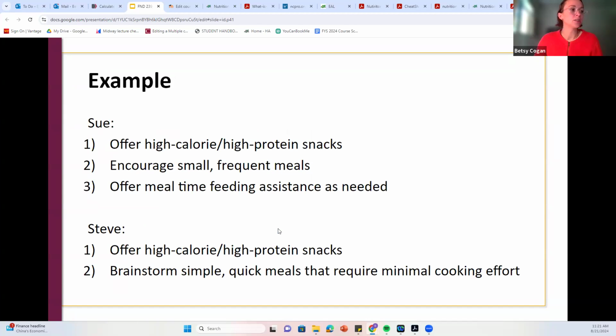She could be encouraged to have smaller, more frequent meals, and she could be offered feeding assistance since dentition was a concern. And for Steve, we will again offer him high-calorie, high-protein snacks to help with the energy intake concern. And then we might brainstorm some meals that require minimal effort since cooking was also a concern for Steve.